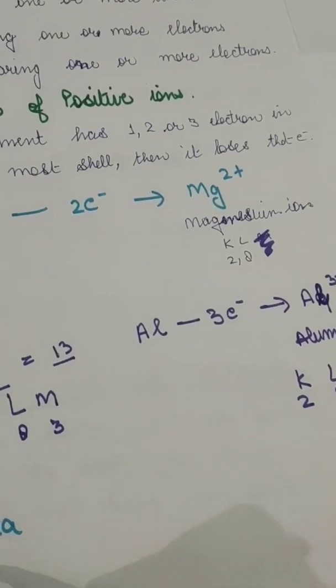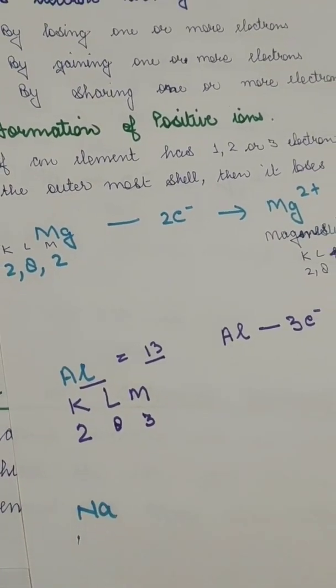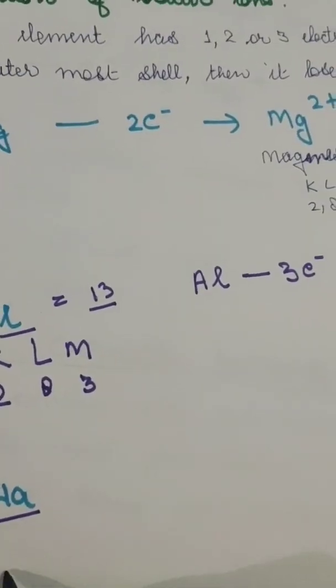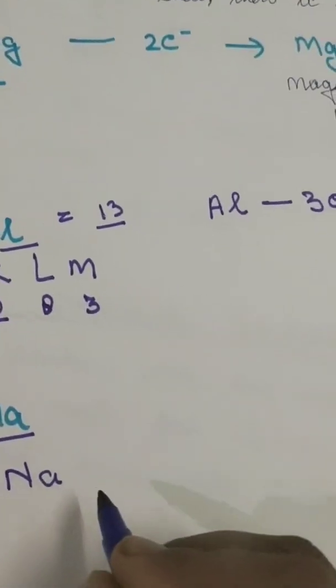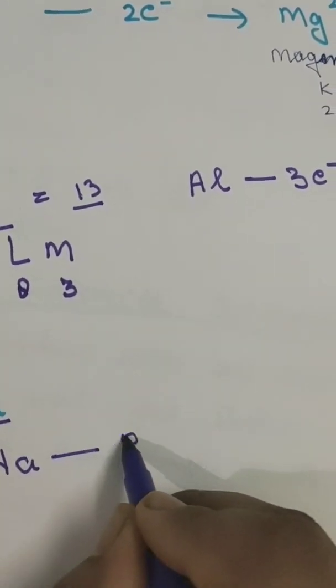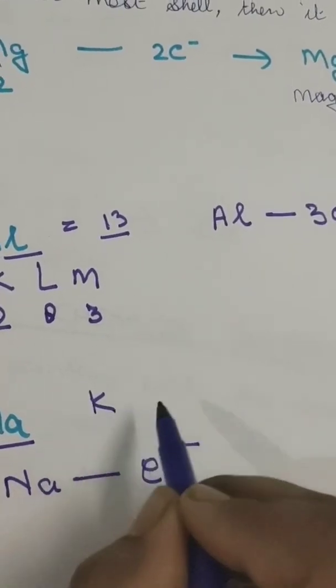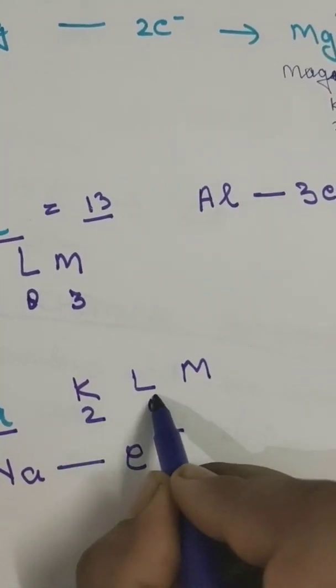Okay, so in the case of sodium, we all know that it has atomic number 11. So this sodium will donate its 1 electron, because sodium just has K, L and M, 2, 8 and 1.